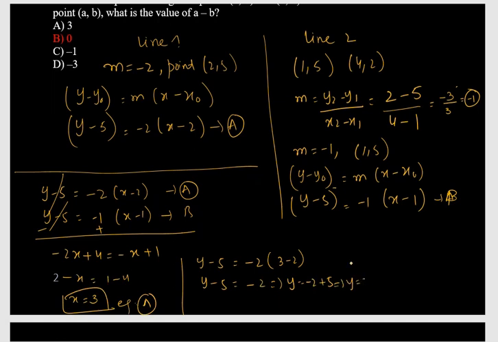Y is equal to 3. They are asking in terms of A and B, so here (x, y) will be equal to (A, B). And what are they asking? A minus B. So A is equal to 3 and B is equal to 3. So it becomes 0.